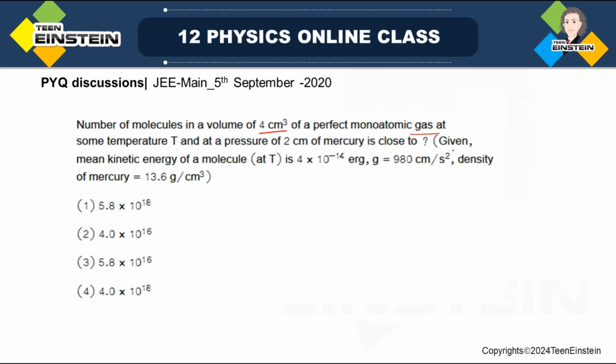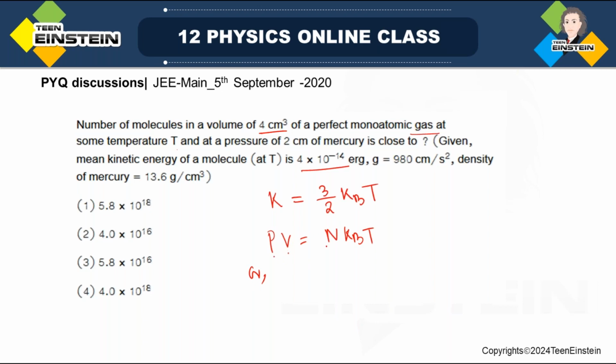So here the mean kinetic energy of a molecule is given, in CGS units obviously. The mean kinetic energy is given by 3/2 k_B T. And if I write the ideal gas equation, PV equals N k_B T, where we have to find this N at a particular pressure and volume.